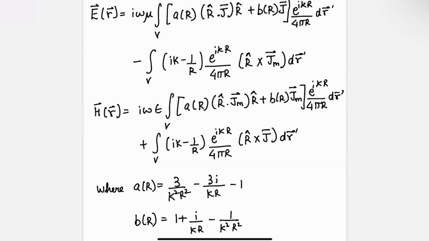But essentially, as long as r is not equal to r prime, you can evaluate this integral easily numerically, because there are no derivatives in there. So you just compute each term, you do a vectorization or a for loop, and that gives you the electric field and the magnetic field. You don't have to evaluate both. No, actually, you do need to evaluate both. And you have a general case of J and Jm.